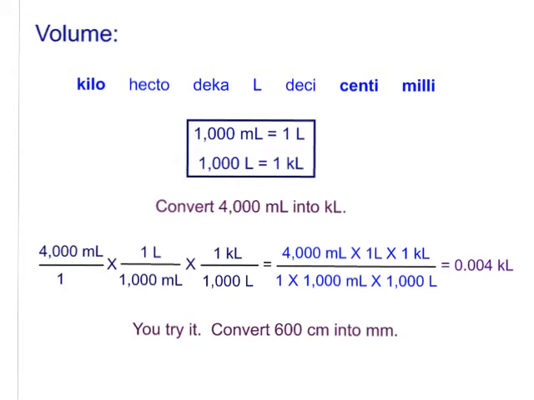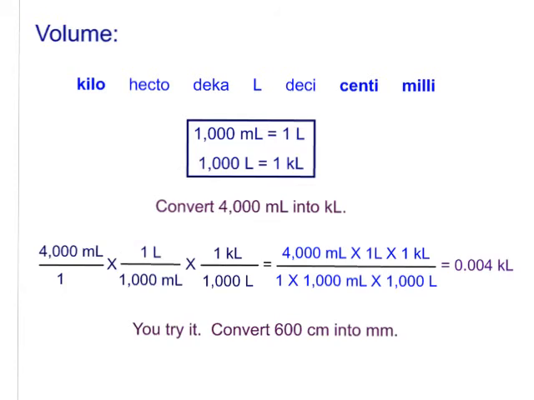Now I'm going to take you through this the long way. All of these, I'm taking you through it the long way so you know how to do this. 4,000 milliliters is what we have to start with, over 1. I am going to convert that first into liters. Here's the conversion factor I'll use, and I'll use 1 liter equals 1,000 milliliters. Okay?